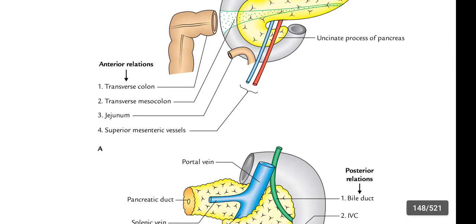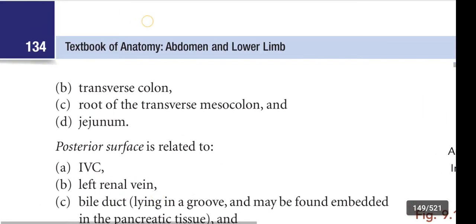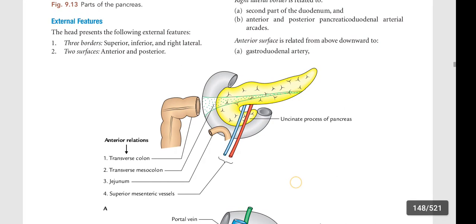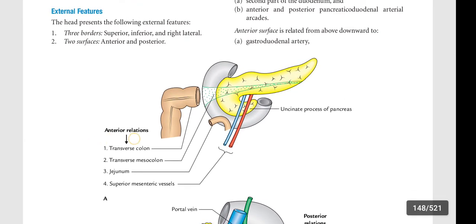Remember, guys, one by one: gastroduodenal artery, transverse colon, root of transverse mesocolon and jejunum. These are the anterior relations.